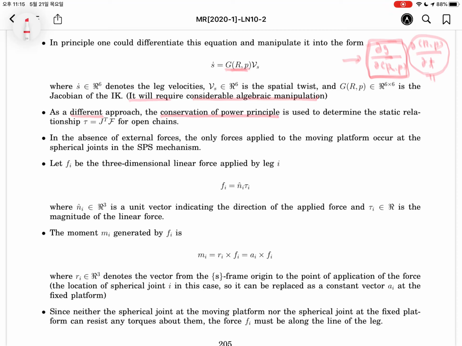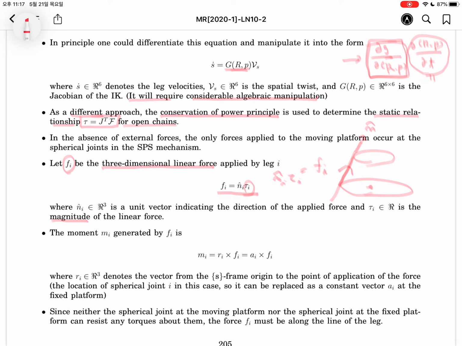If you know the direction unit vector, tau will denote the magnitude of the linear force. So we write the F vector using the unit vector and magnitude. We define the F along the direction of the prismatic joint.